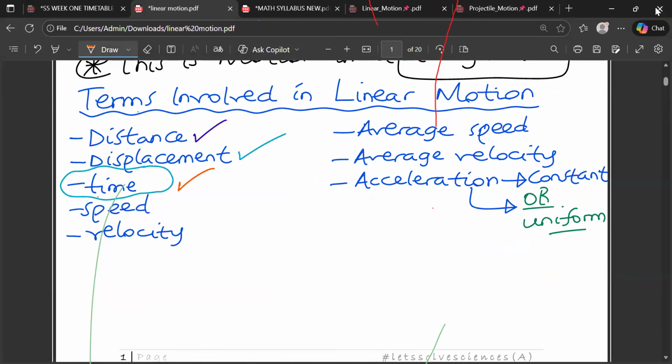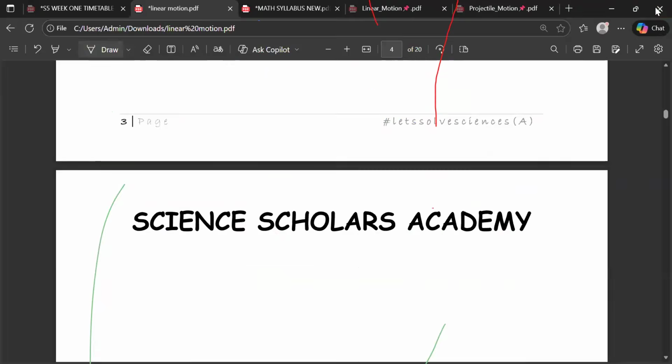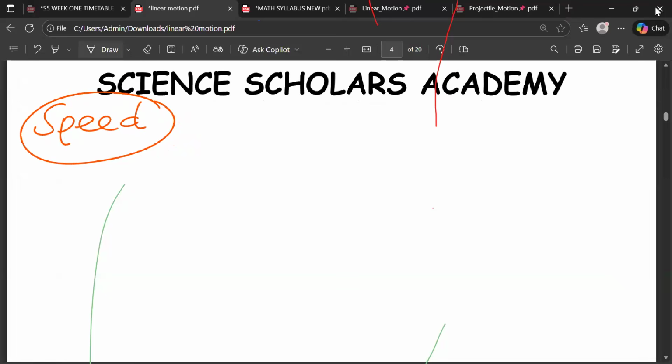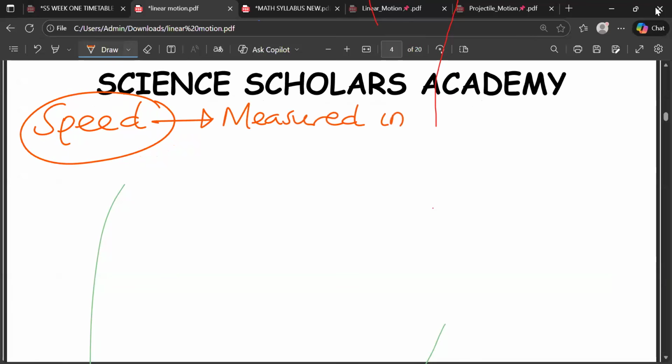So then speed and velocity. For speed, I'm going to talk about it in a reverse way. I will not say a lot of things. Concerning speed, you all know it is measured in meters per second. Why the reverse? Because we have talked about both units. So this meters per second can be written as meters per what?